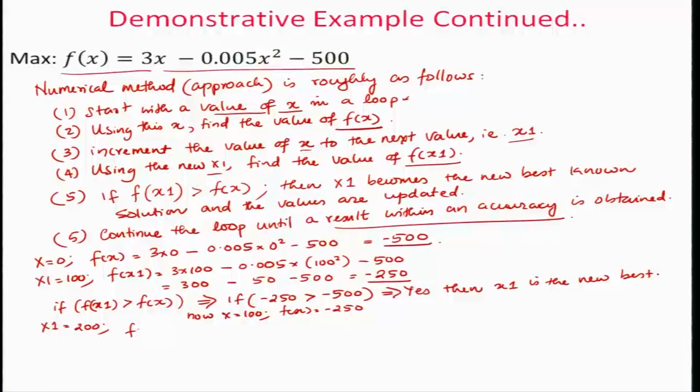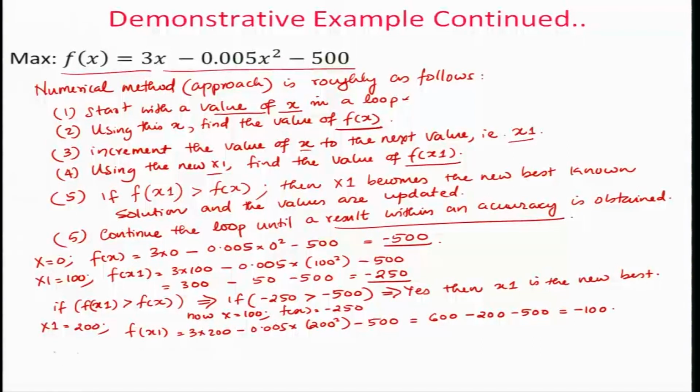Then f of x1 will be 3 times 200 minus 0.005 times 200 square minus 500, which is equal to 600 minus 200, then minus 500, which will give you minus 100.